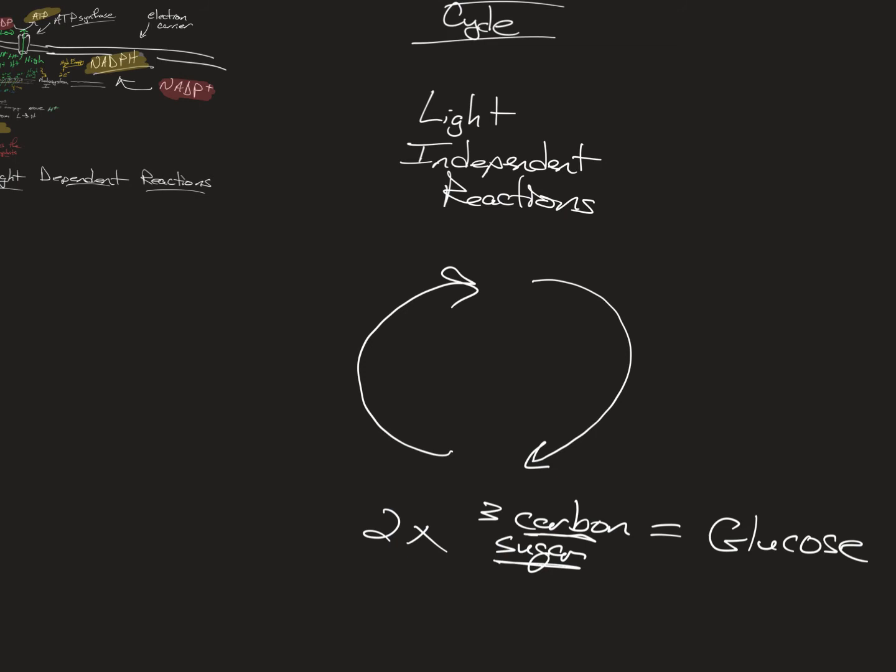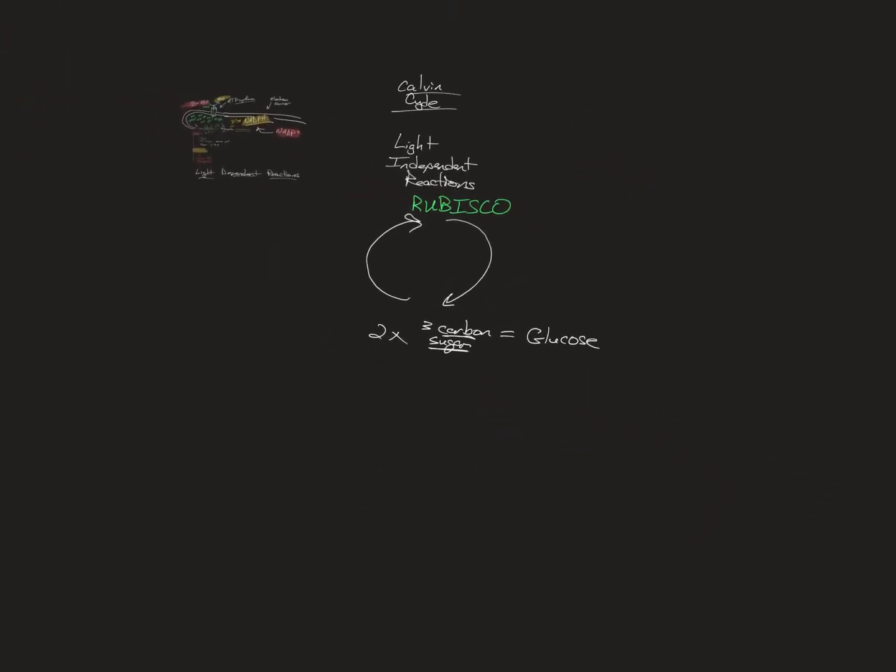So they cycle round and round. The first and most important enzyme on the planet, the primary enzyme on the planet, is this enzyme called rubisco. Rubisco has an interesting story.